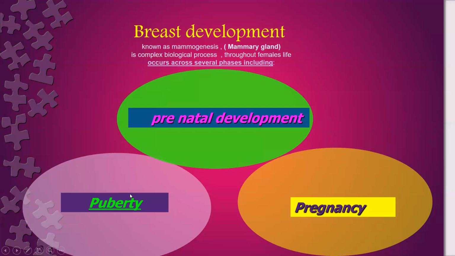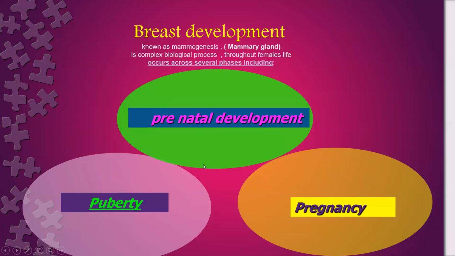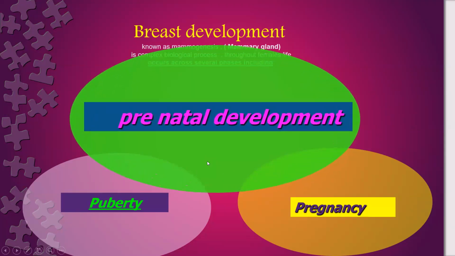So it is important to understand breast development, which is a complex biological process known as mammogenesis. We are going to go through it in 3 phases. We start with the early prenatal development.